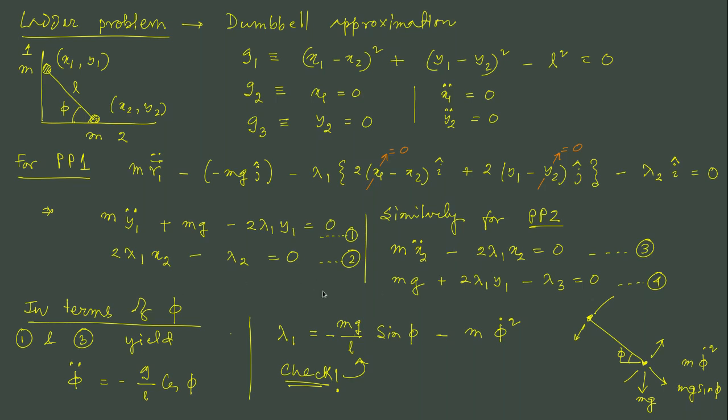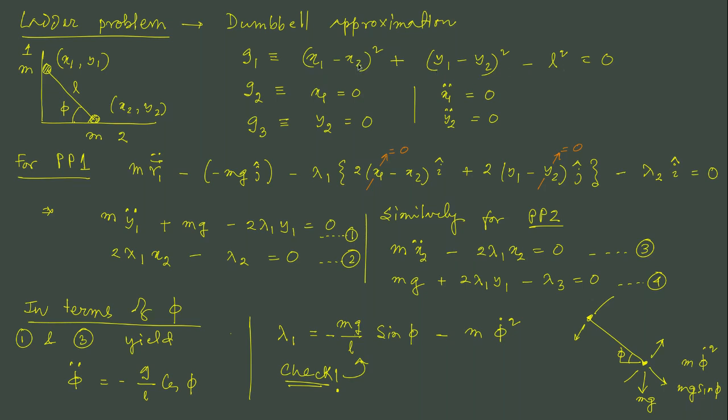Now, again we can do a variable substitution. We can define an angle phi with respect to the horizontal, and then you see, if you look at all three constraints, x1 is 0. So our constraint relation looks like x2 square plus y1 square minus L square is 0. This is the equation of a circle.